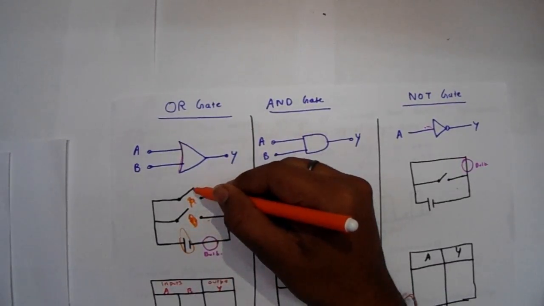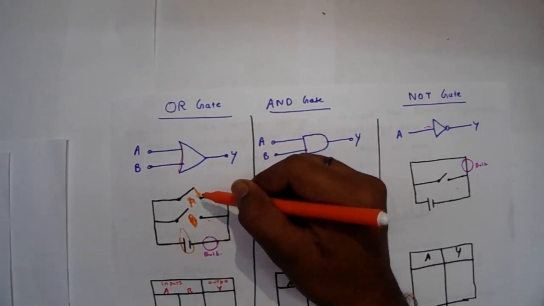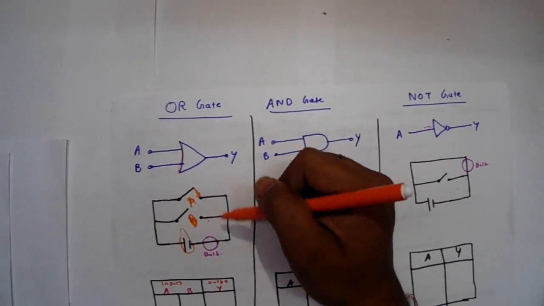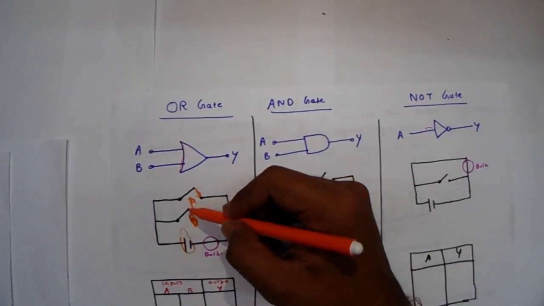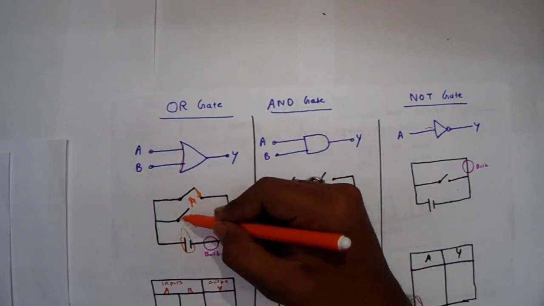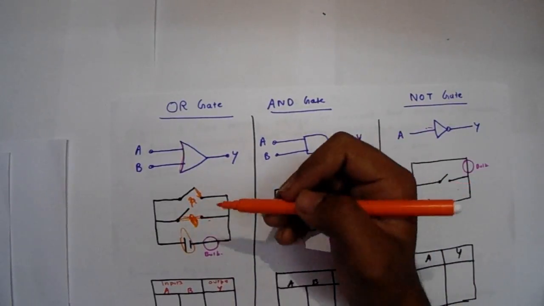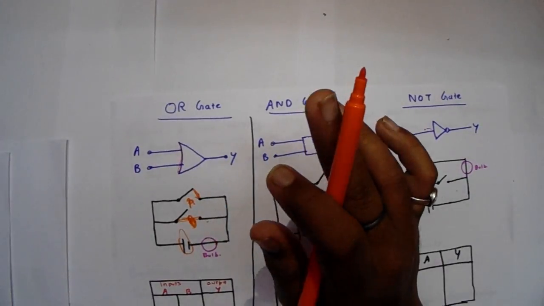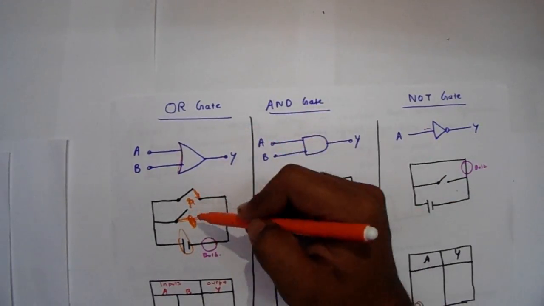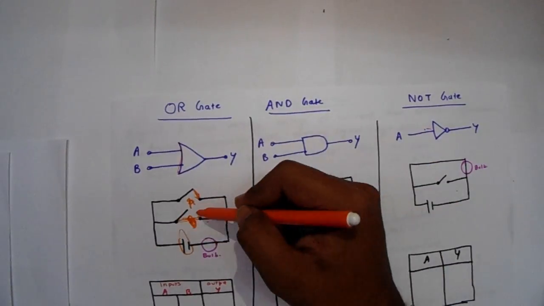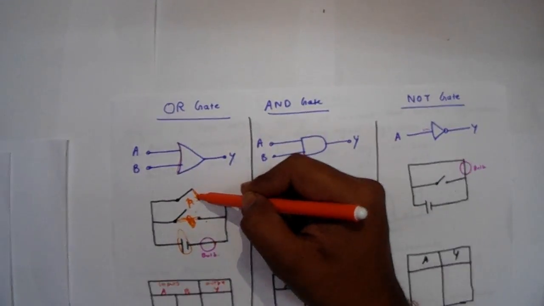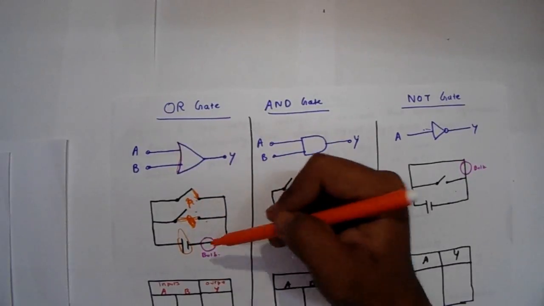If we close switch A, the circuit will complete and the bulb will glow. If we close switch B, the circuit will again complete, although A is open. Or even both: if both the switches are in closed position, the bulb will glow. If none of them are in closed position, the bulb will not glow.